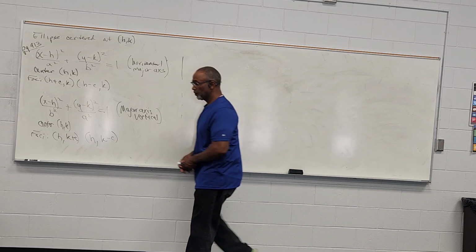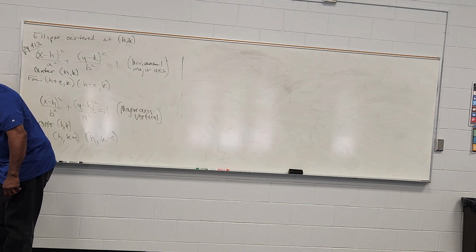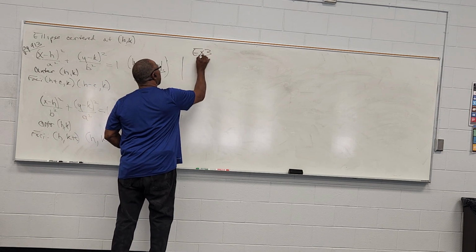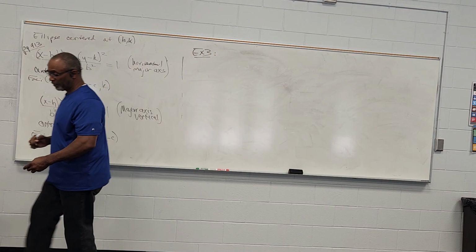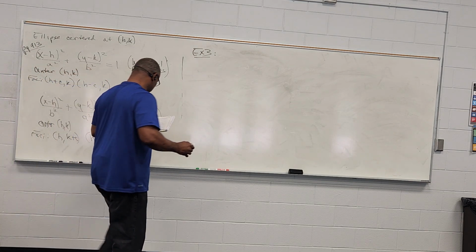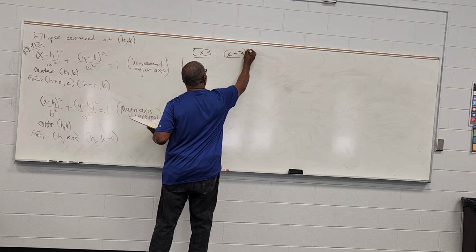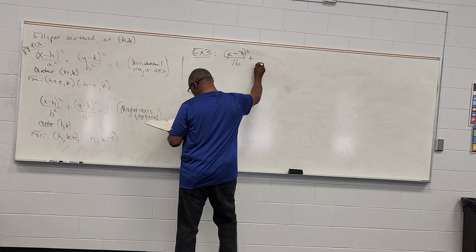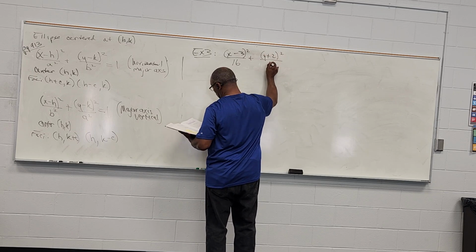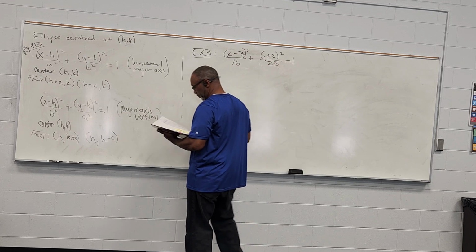Well, we're at example 3. So they give us an ellipse: x minus 3 squared over 16 plus y plus 2 squared over 25 equals 1.